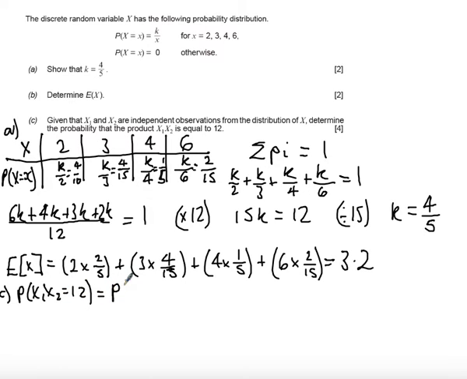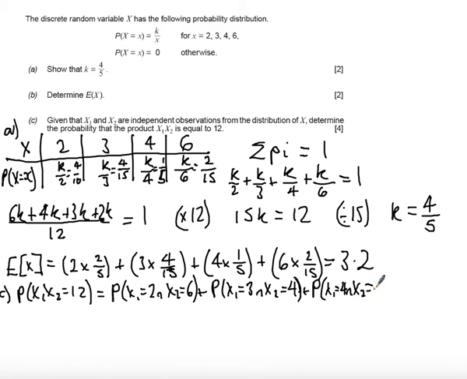So the ways this can happen, we could have probability x1 equals 2 and x2 equals 6, plus probability x1 equals 3 and x2 equals 4, plus probability x1 equals 4 and x2 equals 3, plus the probability x1 equals 6 and x2 equals 2.